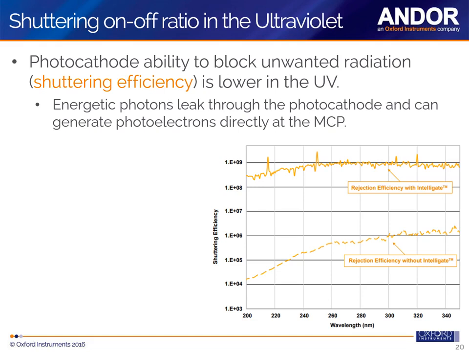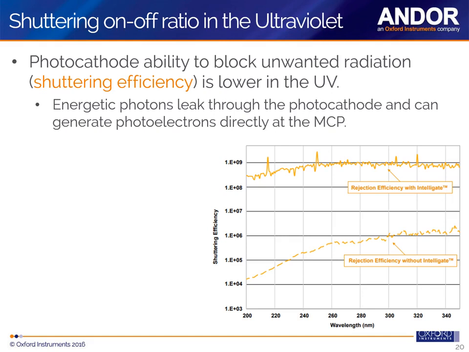If you look at the graph at the bottom right here, you can see that the on-off ratio in the UV at 200 nanometers, if you only gate the photocathode, will get you about 10 to the power 4 on-off ratio or rejection. If you were to gate simultaneously the MCP, you would then prevent the amplification of these unwanted photoelectrons. That's a mode on the Andor camera called IntelliGate, shown on the graph here.